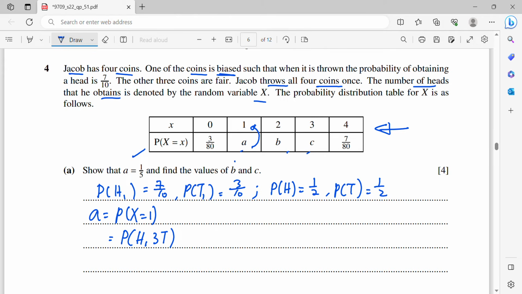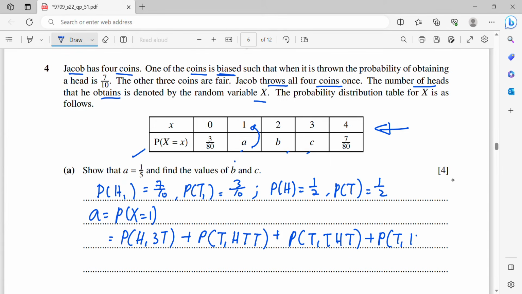Or it could be the biased coin shows tail, and then 1H, 2T for the other 3 fair coins. Plus PT1, then as long as just 1H from the other 3 fair coins.